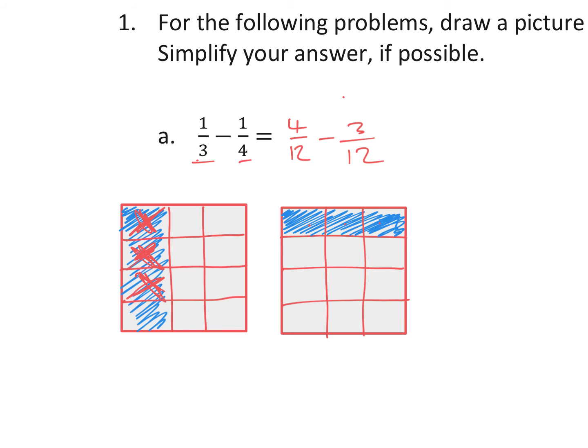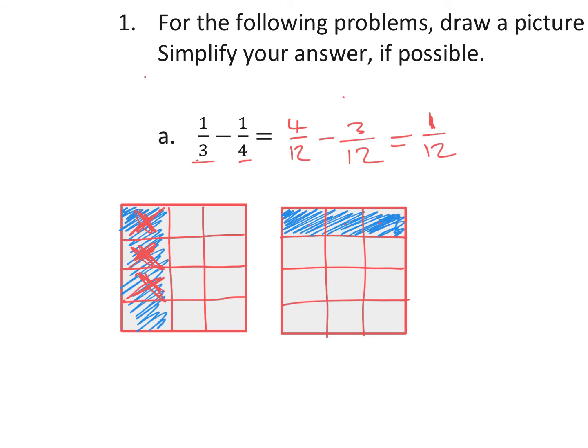Right? I had 1, 2, 3 over here, and now I marked out, and that leaves me with what? I have one shaded box left out of 12. And so 4/12 minus 3/12 is equal to 1/12. And right there, we are done.